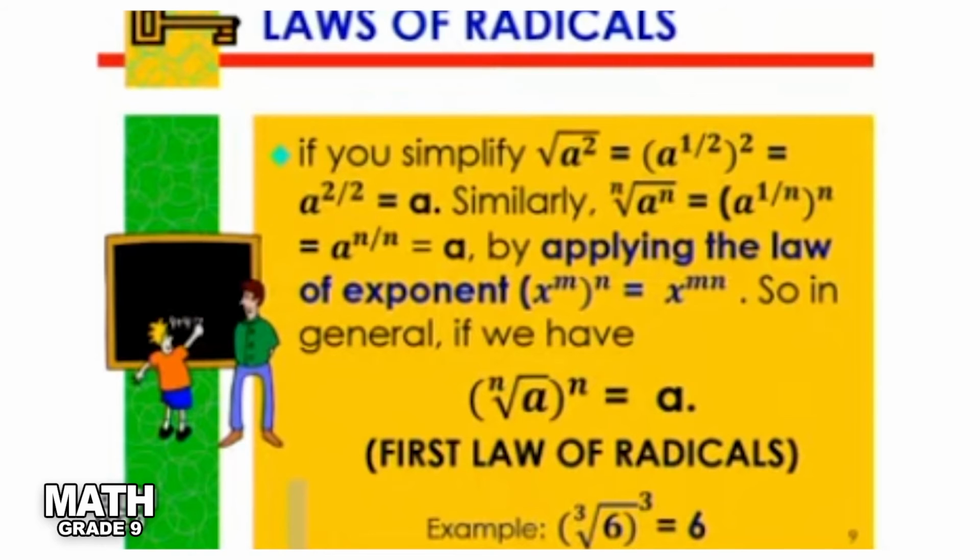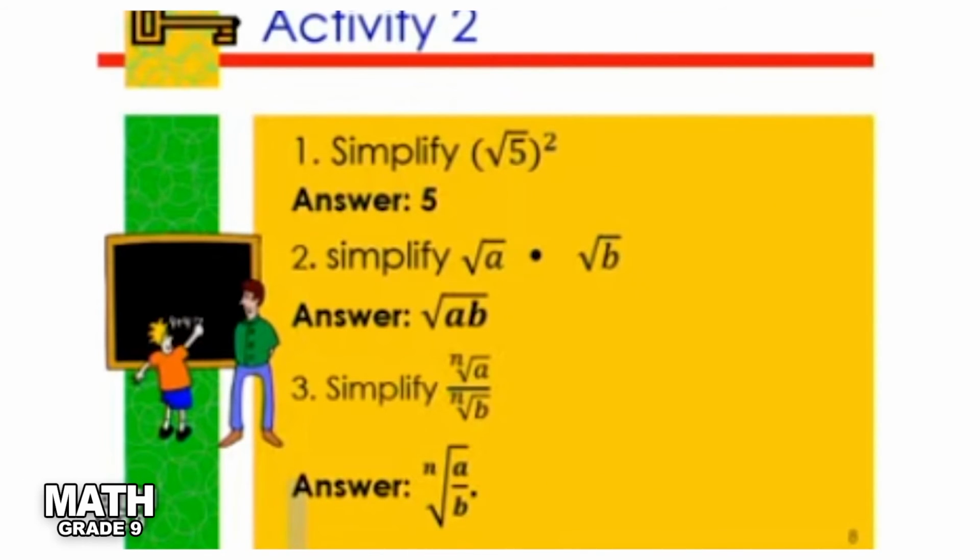What law of exponent did we use this time? Correct. We used the power of a fraction rule. We will now move on to the discussion of the concepts on radicals.